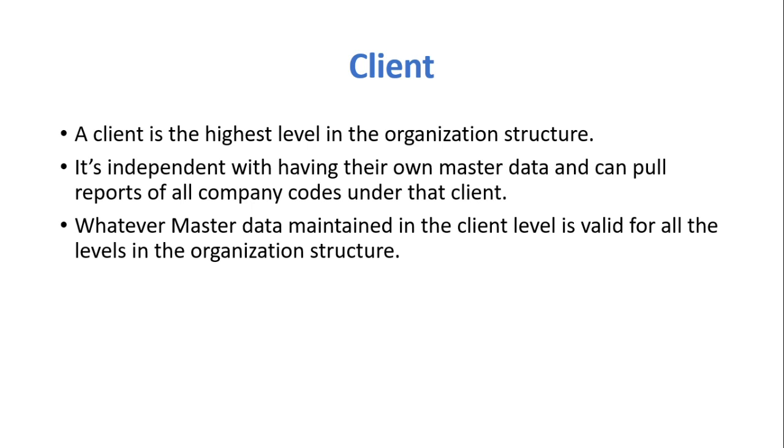It's independent, having its own master data, and can pull reports of all the company codes under that client. So in a single client, we'll have multiple company codes. Other master data maintained at the client level is valid for all levels in the organization structure.